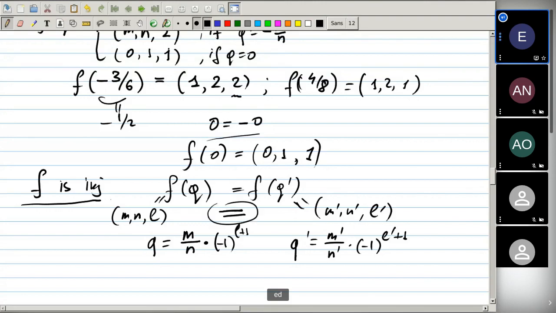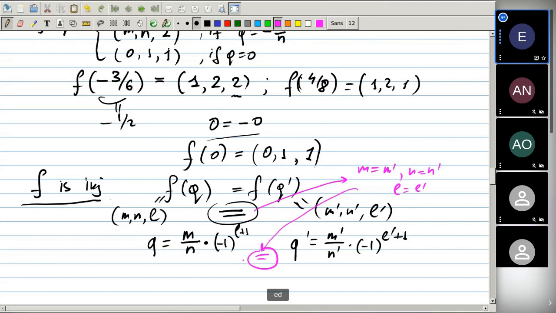But it is given that these triplets are equal to each other. That means that m equals m prime, n equals n prime, l equals l prime. And of course, then q equals q prime. Isn't it clear? Yeah, it's clear. So it's injective.